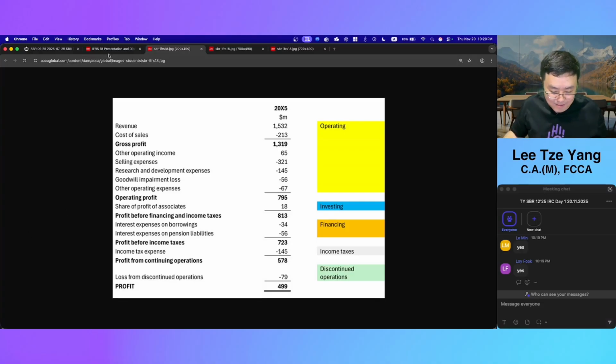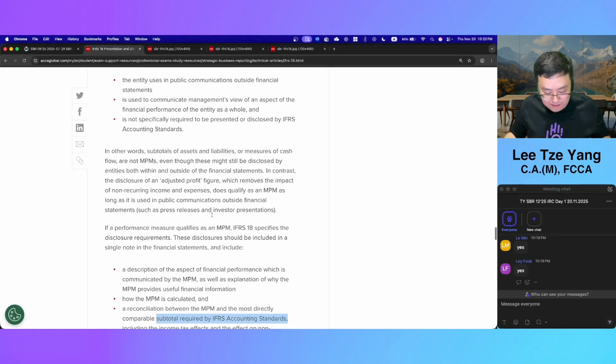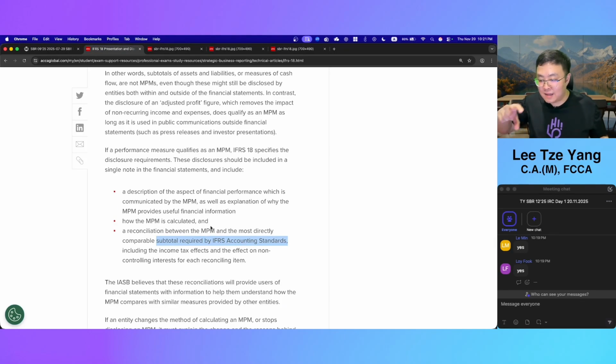So your MPM and the compulsory subtotal in the SOPL, how are they related? You have to do the reconciliation. You need to tell people, my MPM is like this, plus this, minus this, plus this, minus this, then equals the IFRS figure. Then when people look at that disclosure, they will understand what that MPM is already.